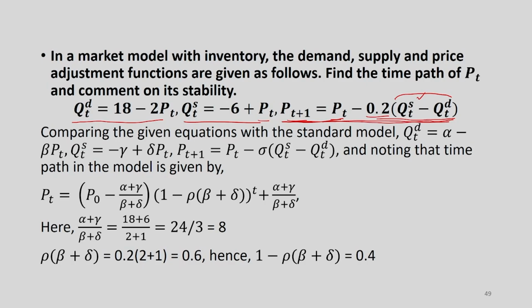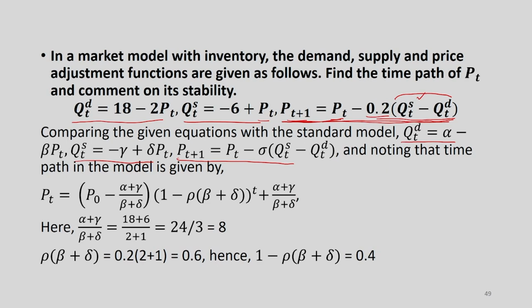Again, what we are going to do in this problem is to compare this set of equations with the standard model. What was the standard model? Standard model was QDt is equal to alpha minus beta Pt, QSt is equal to minus gamma plus delta Pt, and Pt plus 1 is equal to Pt minus sigma times QSt minus QDt.